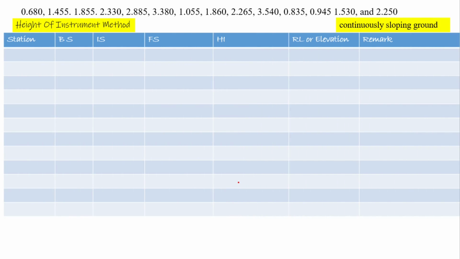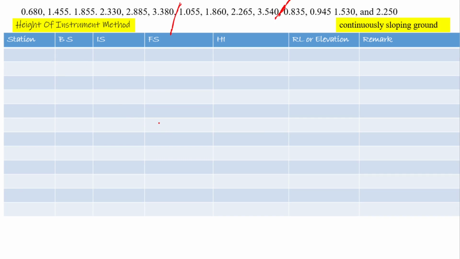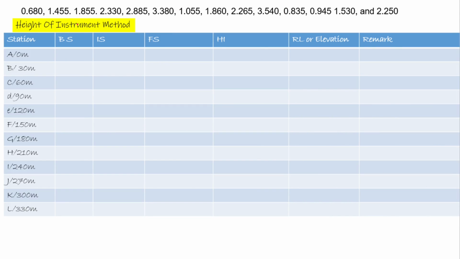These are your readings, and we are going to solve it by using the rise and height of instrument method. So I am going to mark the change point here. So it is your first change point, and this one is the second change point. These are your stations, and I have entered the first setup reading. As you are aware, this one is your change point.